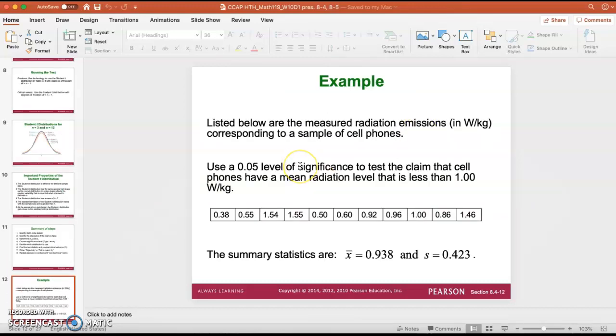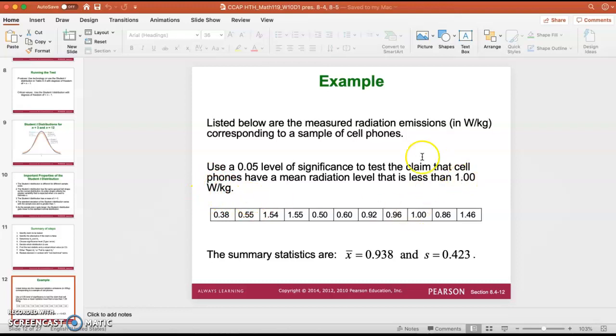Alright, so we're going to start with this example where listed below are measures of radiation emissions in what I believe is watts per kilogram, corresponding to a sample of cell phones. So we're going to use that 0.05 level of significance to test the claim that cell phones have a mean radiation level that is less than 1 watts per kilogram.